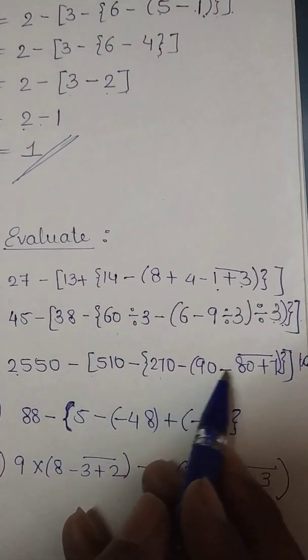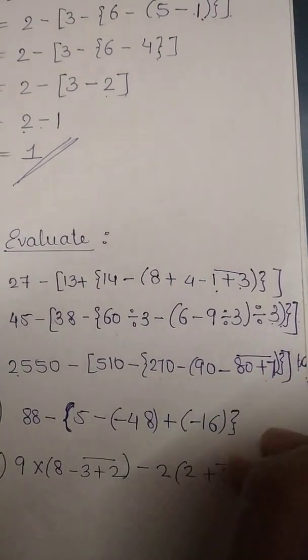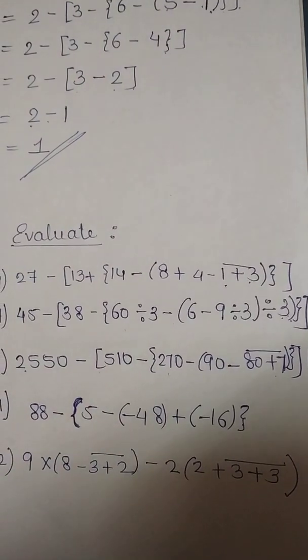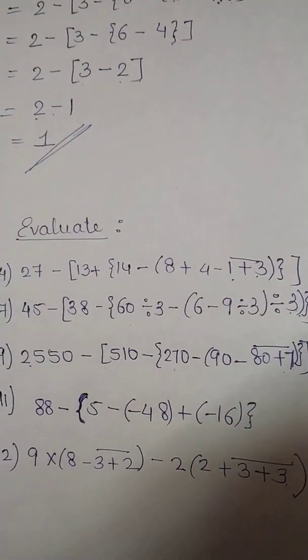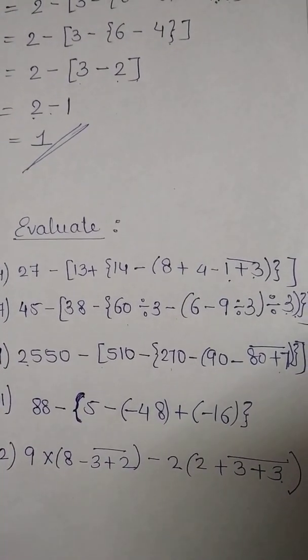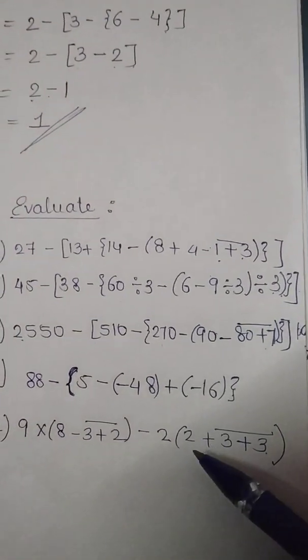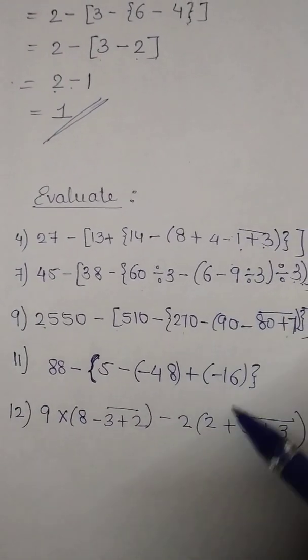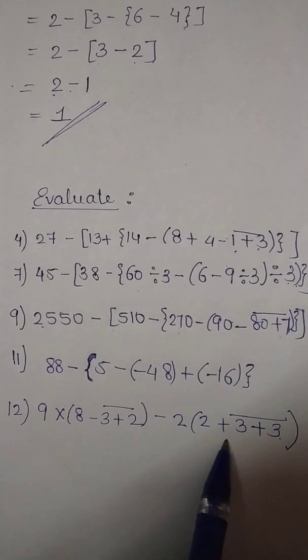Big numbers are there, but not hard, not difficult. So be careful while doing the sum, and use the same rule, that is BODMAS, and also which bracket is to be solved first. So 1, 2, 3, 4 and 5, these 5 sums you have to solve by yourself. Do thorough practice of that.